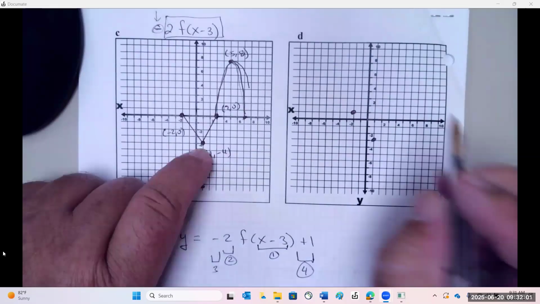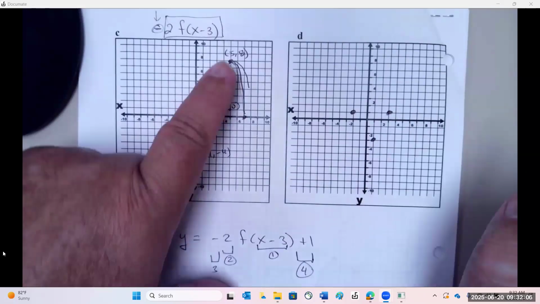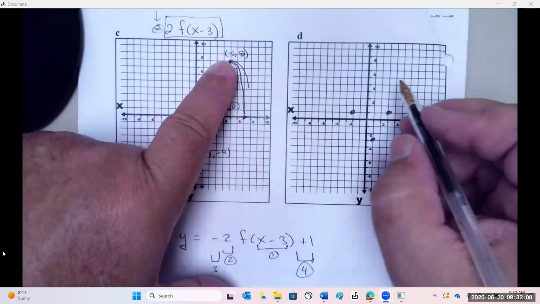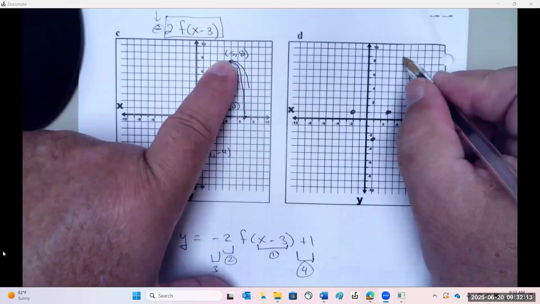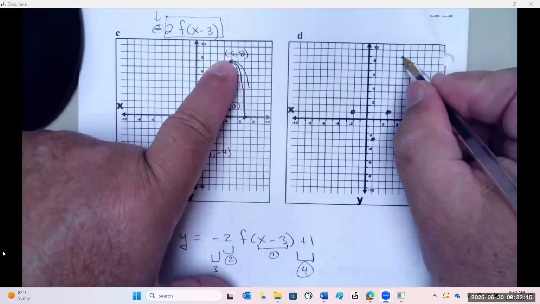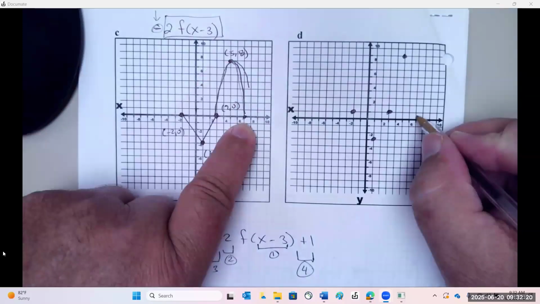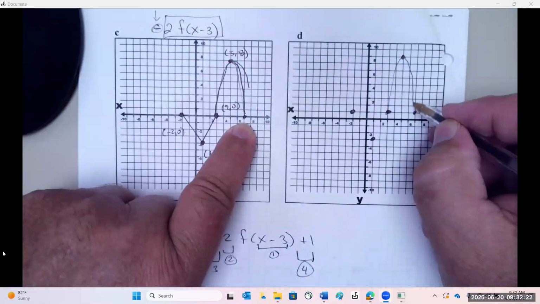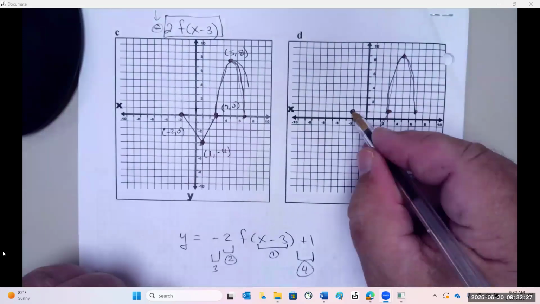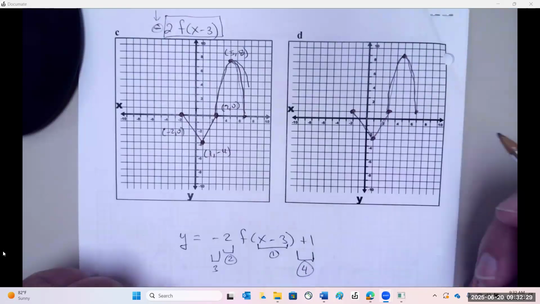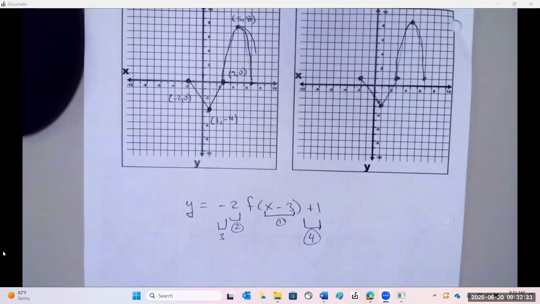At 2, 0, it becomes 2, 1. At 5, 8, it becomes 5, 9. And at 7, 0, it becomes 7, 1. We took that entire picture and we moved it up one spot. Because remember, whatever happens on the outside is the Y values, whatever happens inside is the X value. But the whole graph changes.